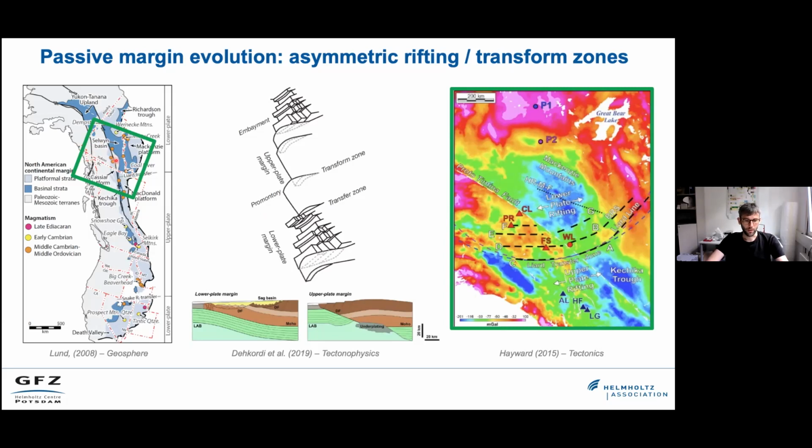Here you see the Selwyn Basin located along a lower plate boundary, and this is often where you get thick sequences of synrift sediments. In particular, in these settings you get transform zones that separate the rift domains, and it was suggested that they connected with basement rift structures, which were then reactivated during various stages of basin evolution.